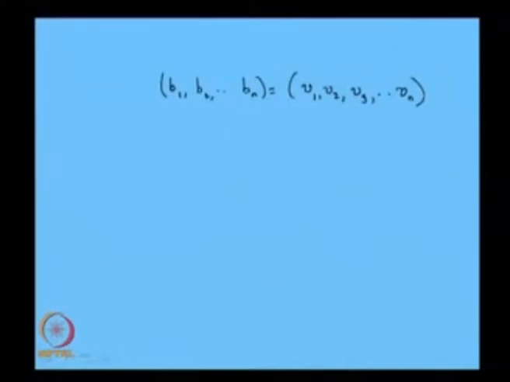Player 1 is getting the object by bidding V1, his valuation, and every other player is bidding his own valuation, but player 1 can still get the object if he reduces his bid from V1 to V2, and in that case his payoff goes up to V1 minus V2, whereas presently he is getting V1 minus V1, which is 0. So this is not a Nash equilibrium in this setting.